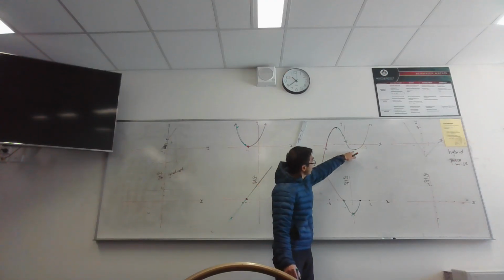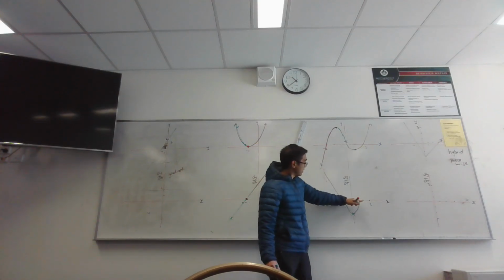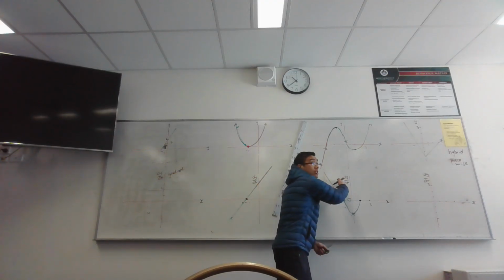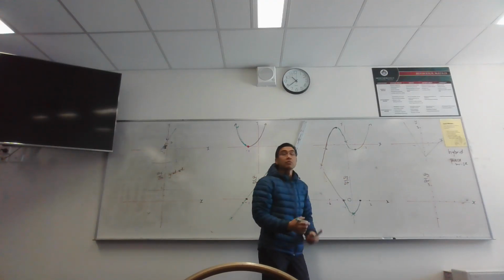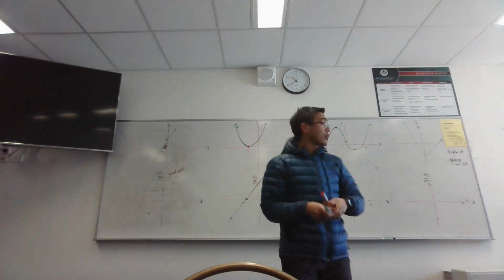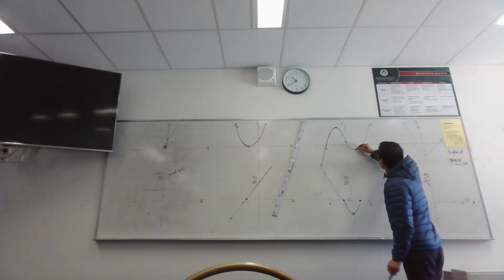And it creeps back to 1. Nathan, what's our gradient? 0, which lines up with here because it's now on level 0 of our dy dx. And if he's got enough momentum, we start going back up.